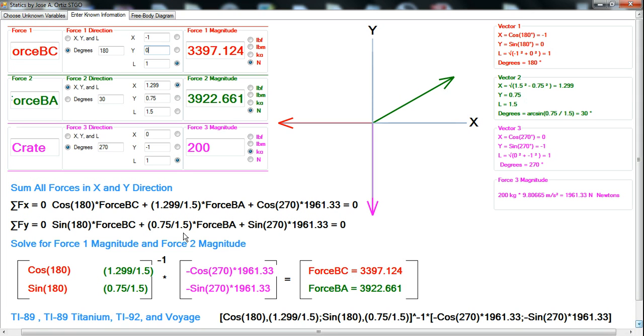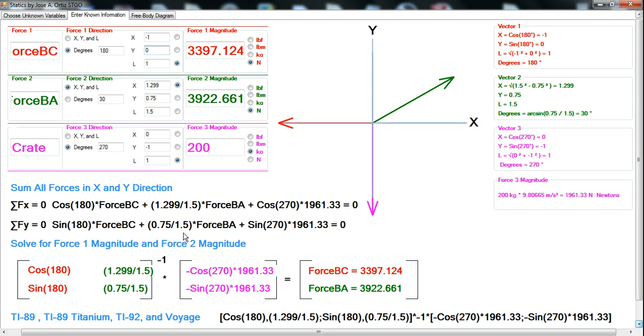And the simplest way to solve this is to use an inverse matrix. Don't get all scared and think that you can't do it. It's real simple to do.